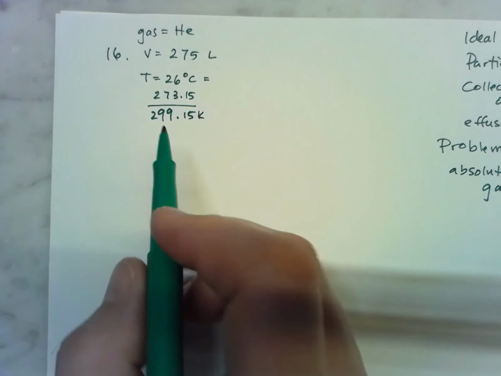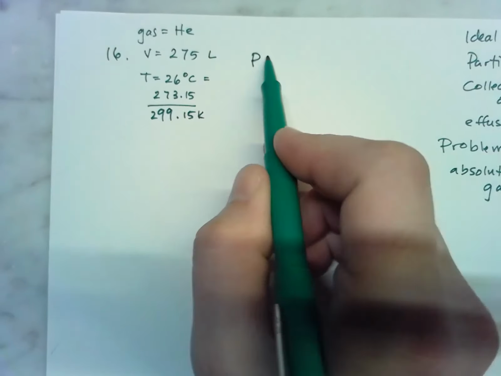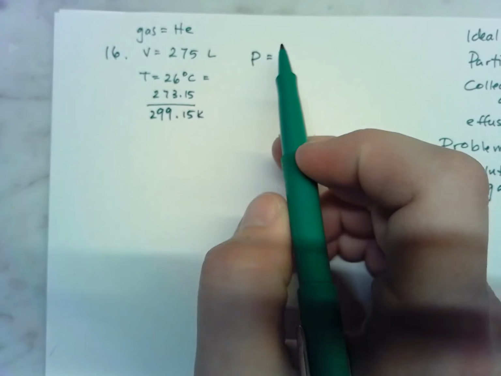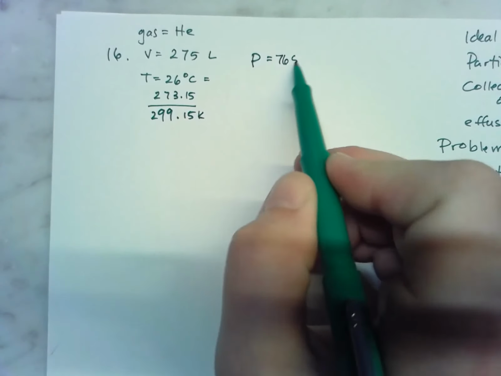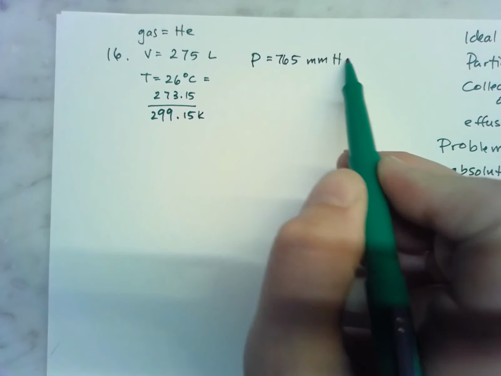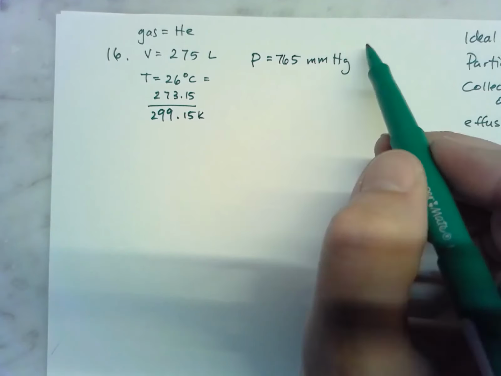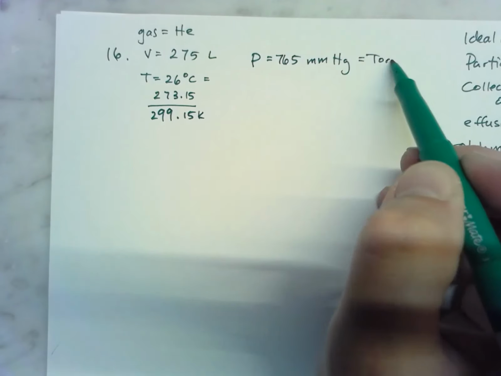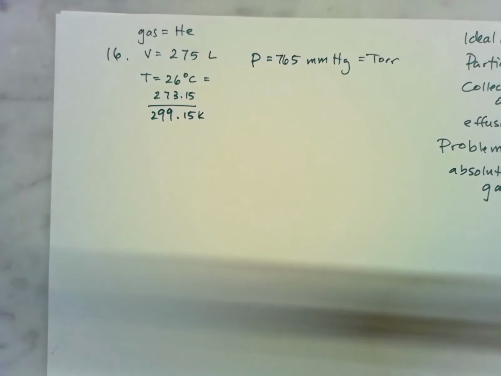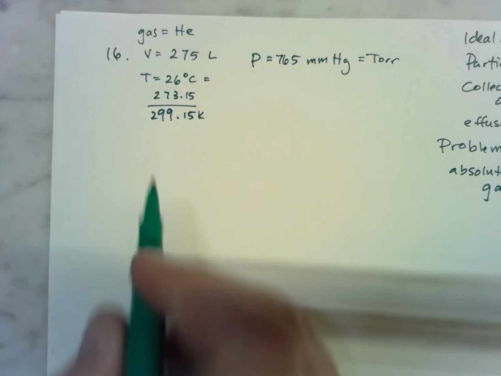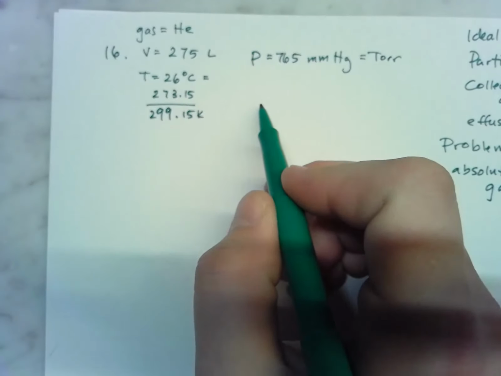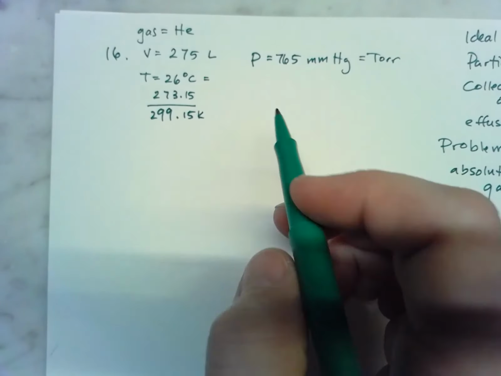All right, and then we've got what? We've got pressure is equal to 765 millimeters Hg. And just remember that that's also equal to torr, just in case that makes it a little bit easier to do some of your conversions or find out which gas constant you need to use. All right, so we need to know the number of moles of helium in the balloon.